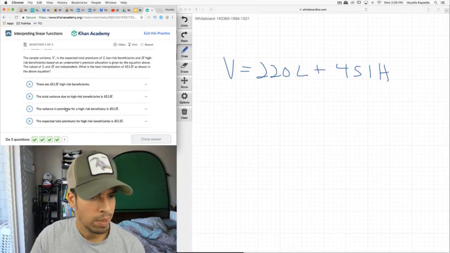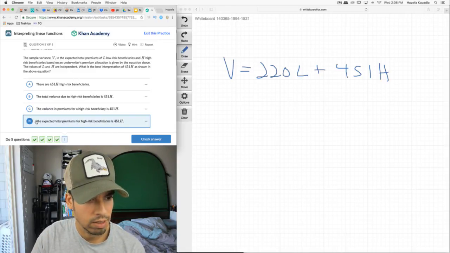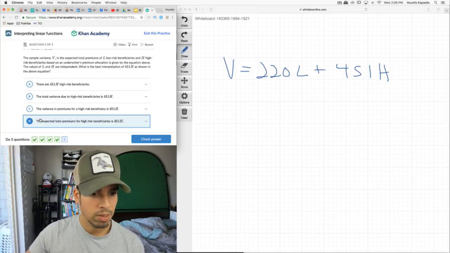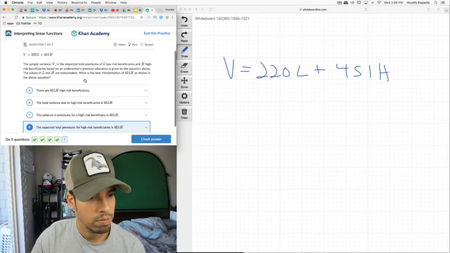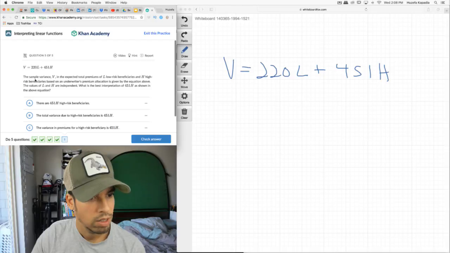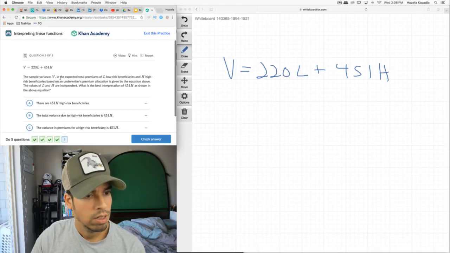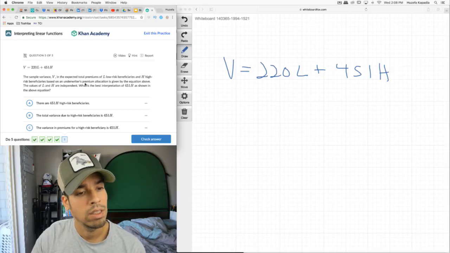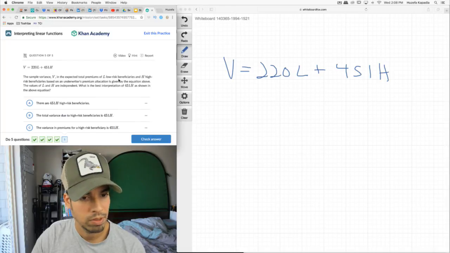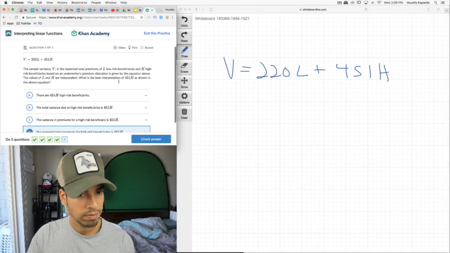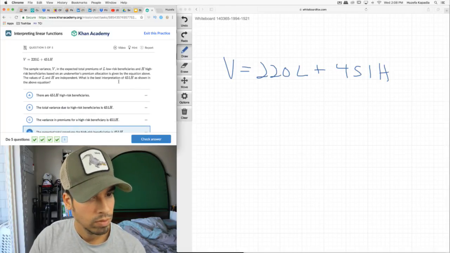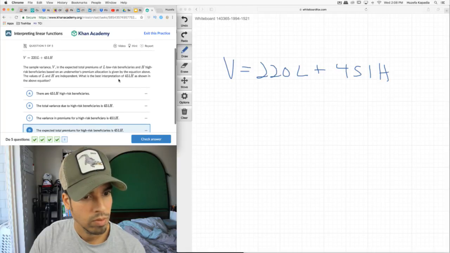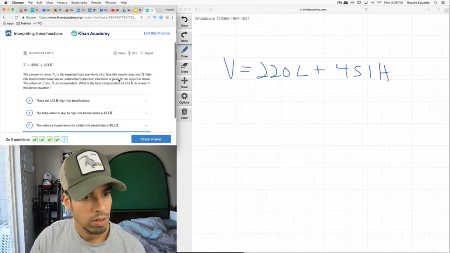Yeah. The expected total premiums for... Yeah, this is the total premiums. Wait a minute. No, because it's not premiums. It's variance. Hold on. The sample variance. The variance in the expected total premiums. And the expected total premiums.